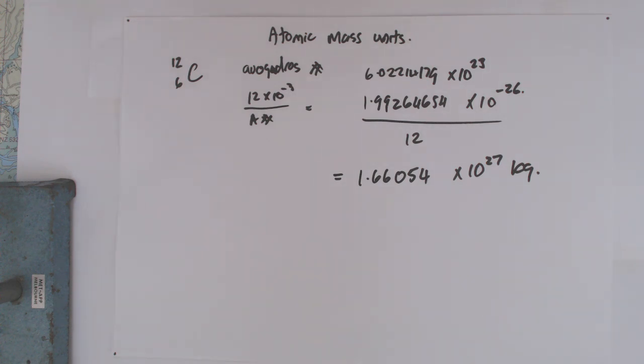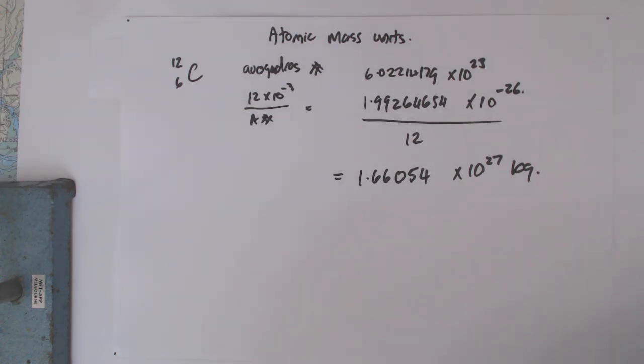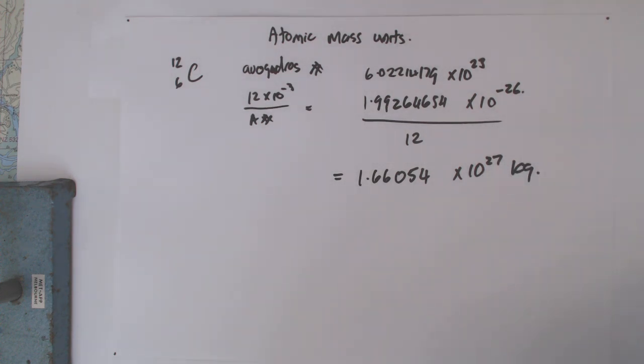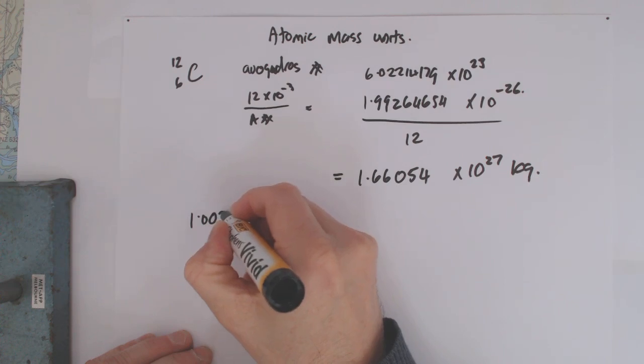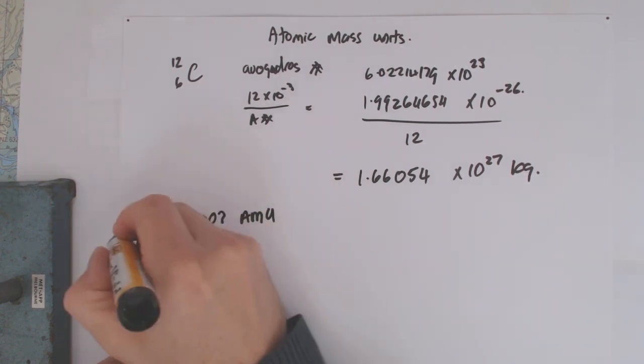You're going to use those often, and I think we can then give protons, that sort of thing, an atomic mass unit value. The proton, I think you should know already, is a little bit smaller, so it's 1.007 atomic mass units. That's the proton.